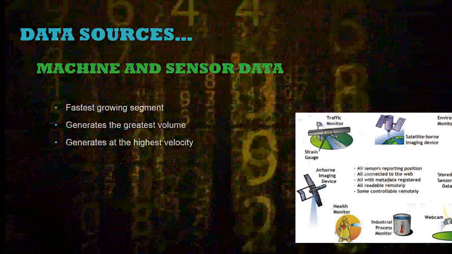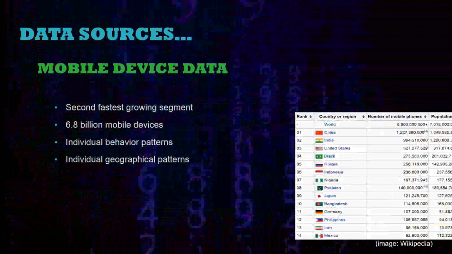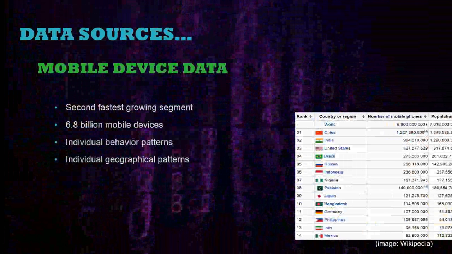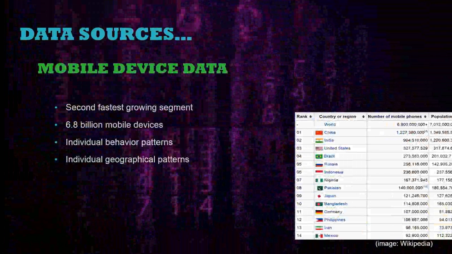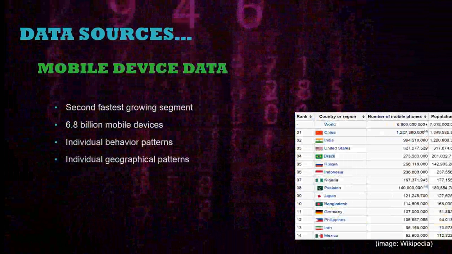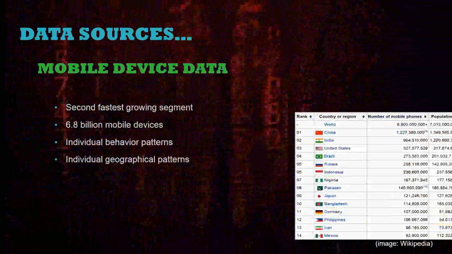Next, mobile device data. This is a really interesting area. We have now instrumented ourselves. You can see here the number of mobile phones, this was as of last year. Almost 7 billion phones on the planet.